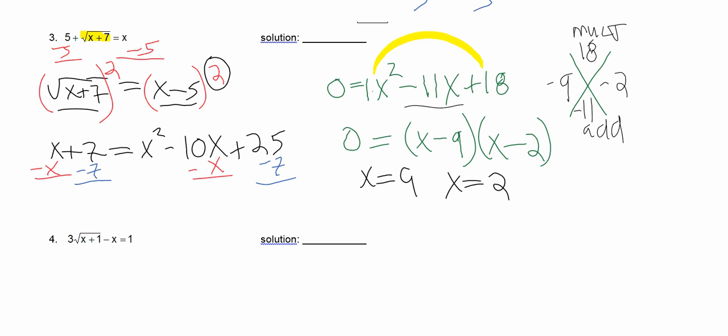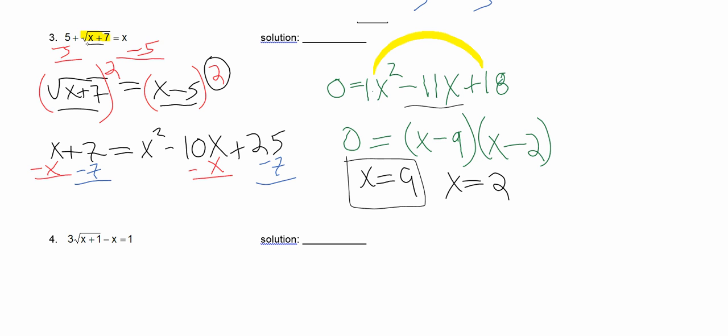Well, this problem seems like it's a little bit long because now we have to actually check it to see if both these solutions are valid. So let's go ahead and do that over here. I'll test the positive 9 out first. So I'm going to plug in positive 9 for that x right there.